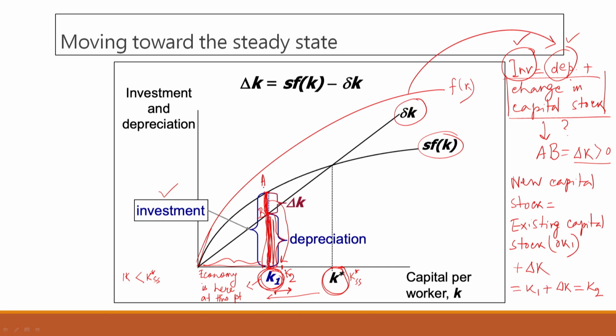So, here there was earlier a level of output Y1, now we have K2 and that corresponds to a higher level of output here. But still, see, we have not reached the steady state.